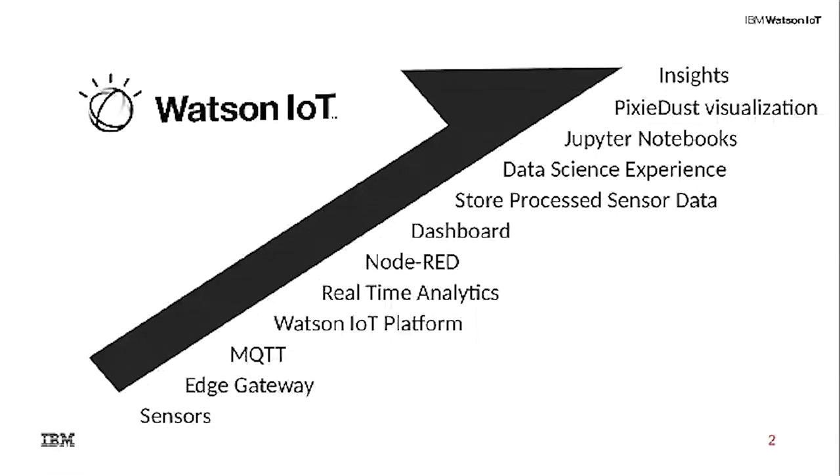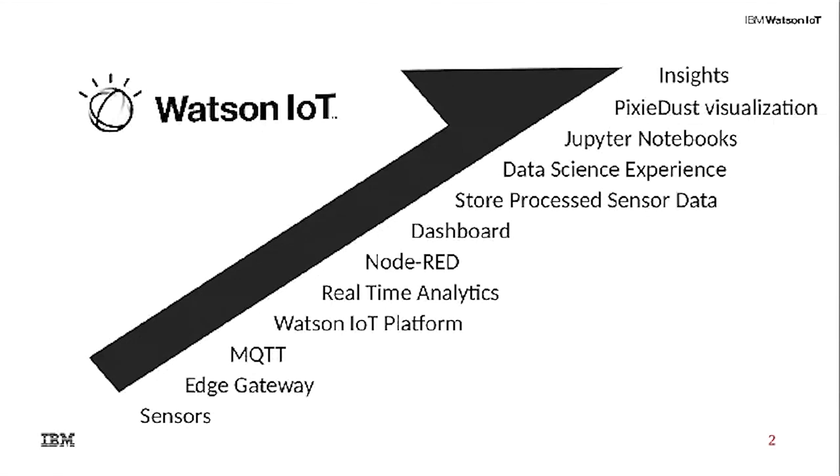All right, so we took a sensor reading from my Arduino and my temperature, and I sent it to the Intel NUC for Edge Analytics and the Edge Gateway. I took the important data and sent it through MQTT to Bluemix and the Watson IoT Platform, where I had built an application to ingest the data and do some real-time analytics using a set of rules and alerts in Watson IoT Platform.